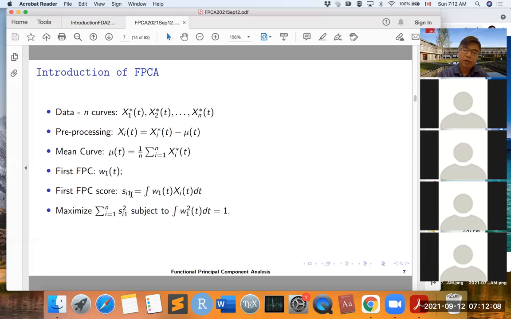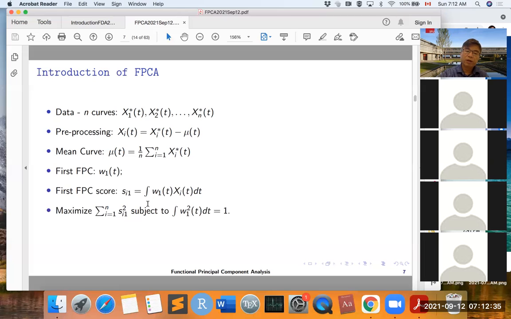Therefore, the sample variance of Si1 will be the sum of squares of this first FPC score, Si1. So we want to maximize the variance of the FPC score, or we want to maximize the summation of the squares of the FPC score Si1.